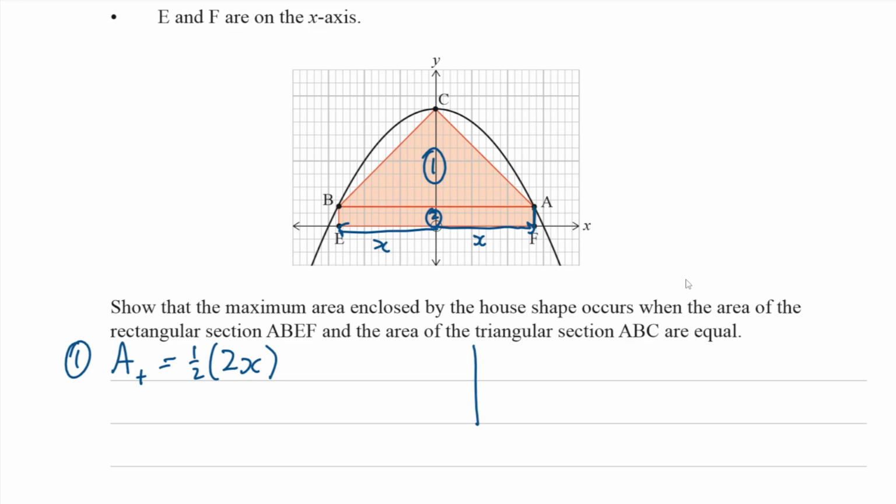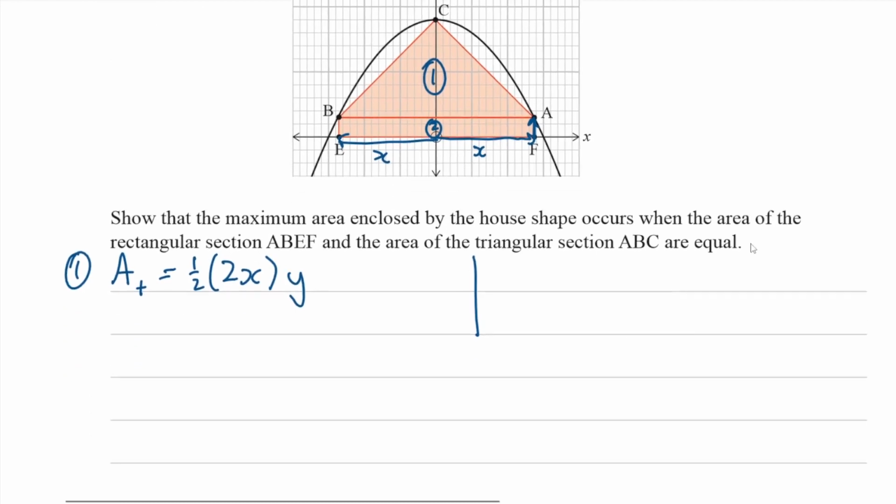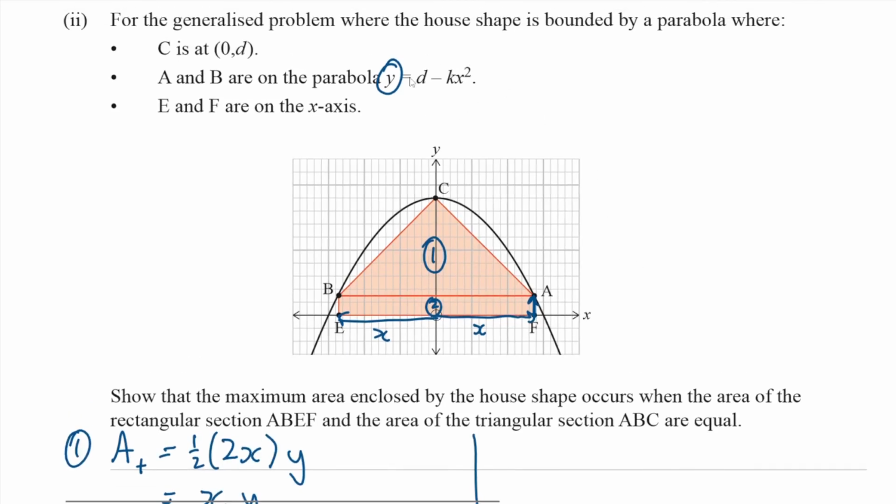What is this height? A to F. Well, the height is y, right? Height is y. So that simplifies to xy. Now, we should, of course, express it just in terms of x, so that we can then differentiate with respect to x.